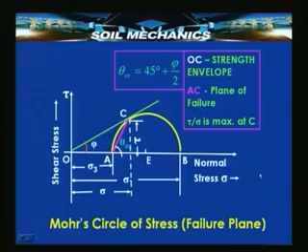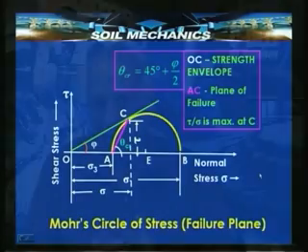Having decided what criterion is satisfied during failure, that is, having known that for failure alpha has to be maximum, or tan inverse of tau by sigma has to be maximum, we can now define failure in terms of the Mohr circle concept also. For example, it is very obvious that failure takes place when tau upon sigma is maximum, because tau upon sigma represents tan of the maximum angle of obliquity, that is phi.